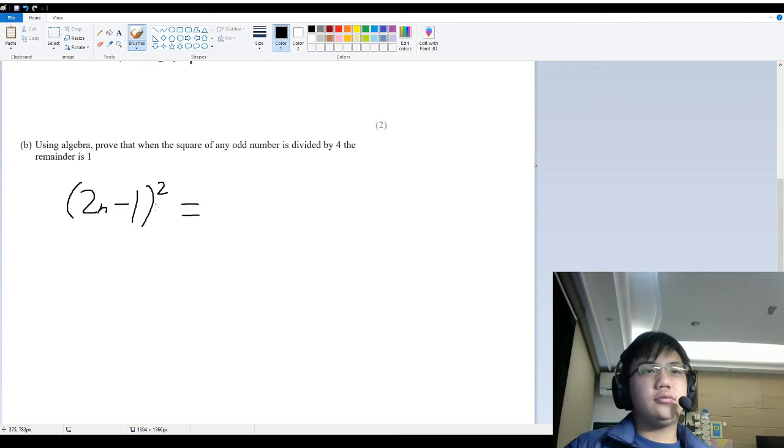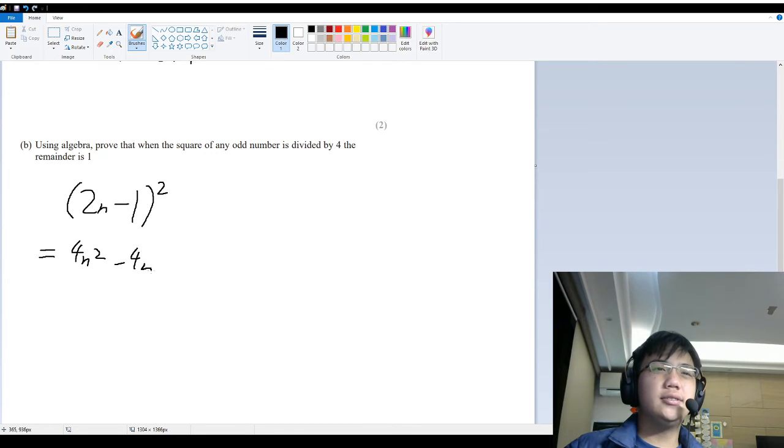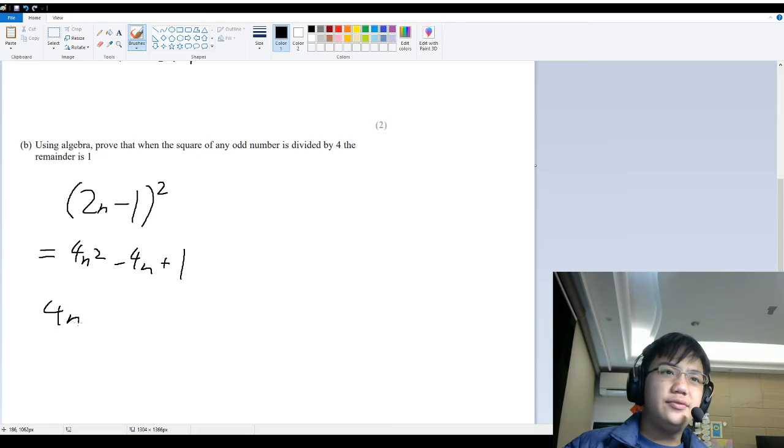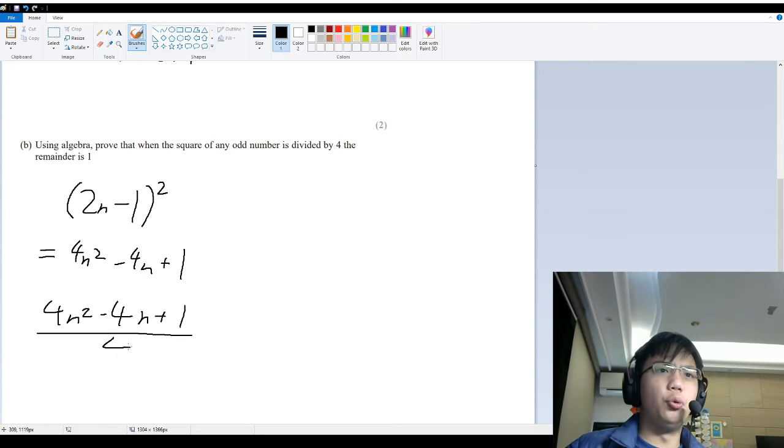And this expression can be written as 4n squared minus 4n plus 1. And when you divide the expanded version by 4, you get n squared minus n plus 1 over 4.